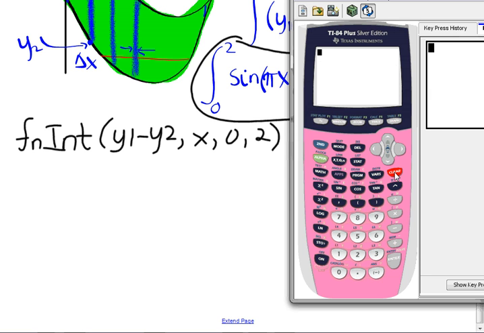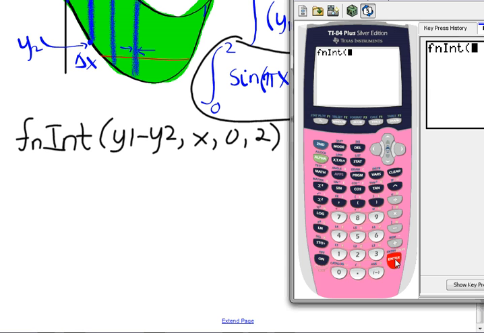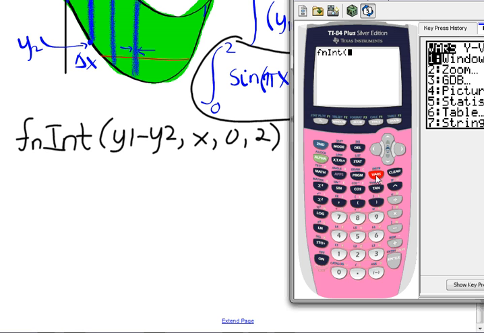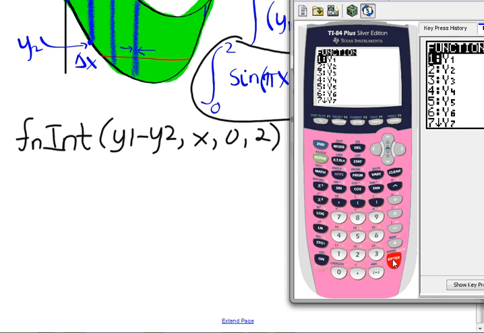And I'm going to clear my screen. Okay, you go to math. Do you remember where this is? It's 9. I can arrow down. That little arrow down here by 7 says there's more there. I know I'm not in pretty print. Enter. And then I want y1, so I'll do it the old-fashioned way, which is bars. Then you go to the y variable, function, y1.